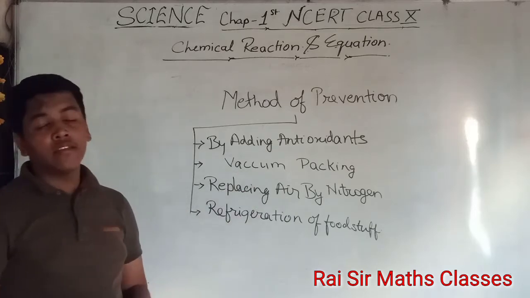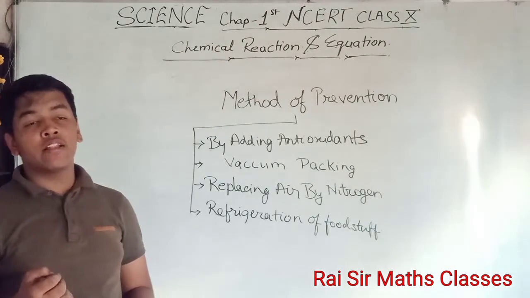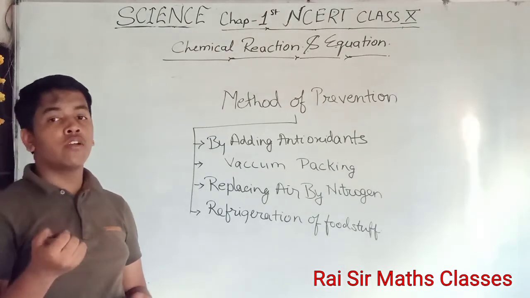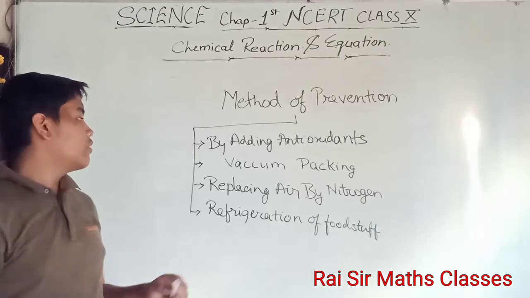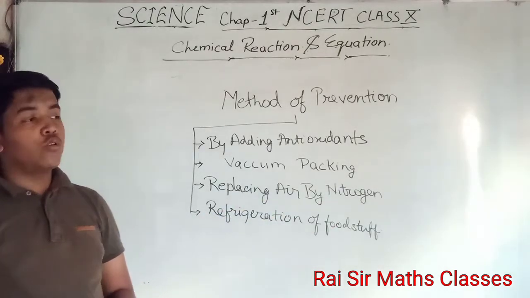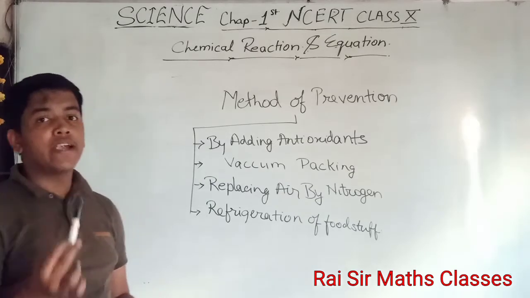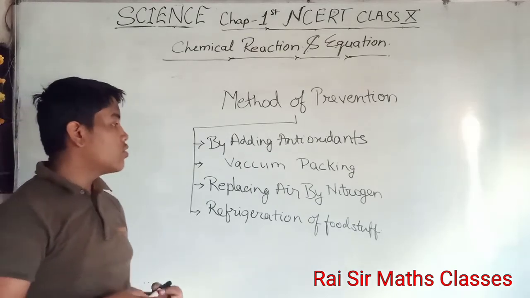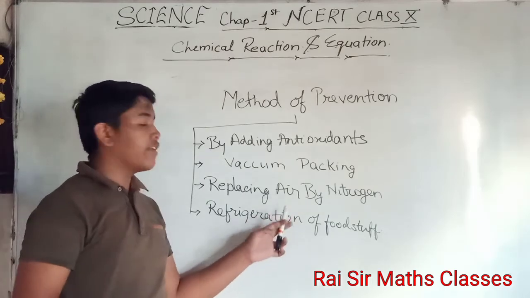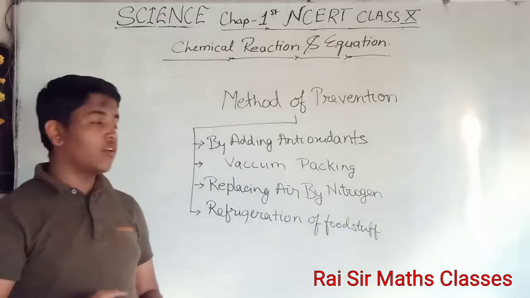By vacuum packing, meaning there is no air, how will it get rancid or corrode? By replacing air by nitrogen. As we all know, in the process of corrosion, it reacts with some particles of oxygen. So we are replacing air. Air comprises all the gases, so it has oxygen also.